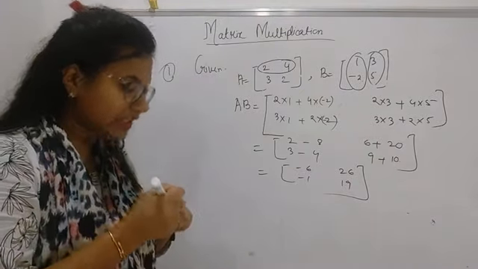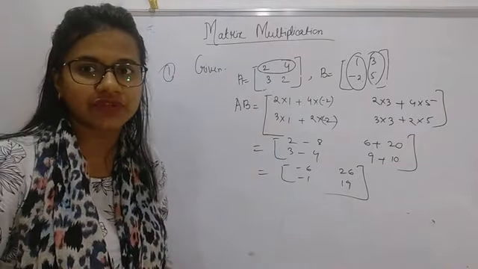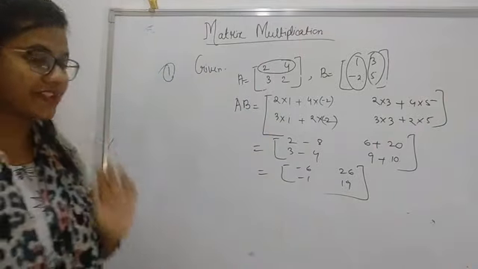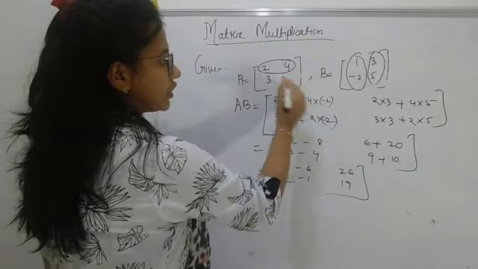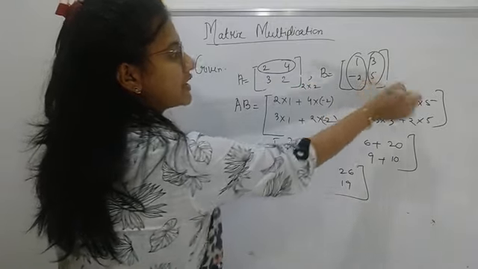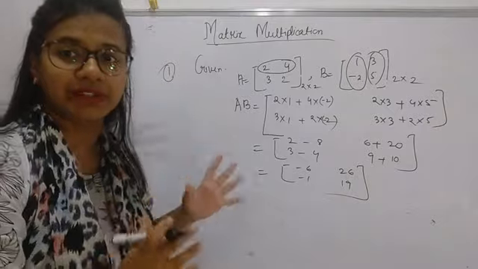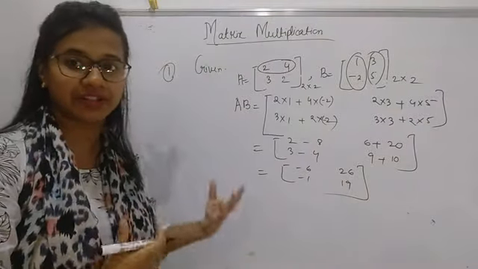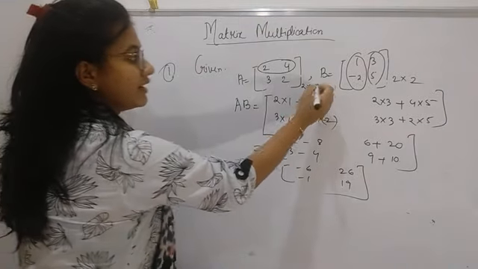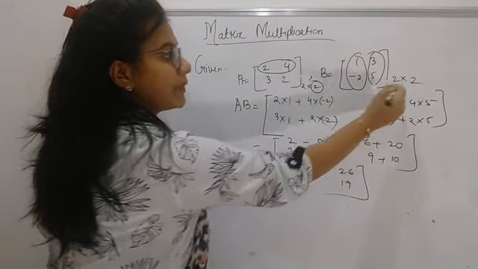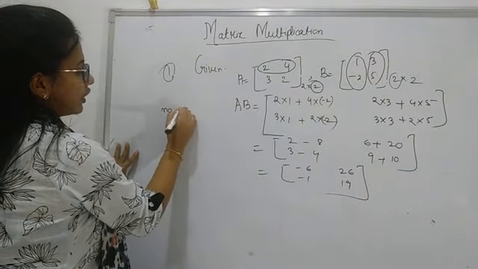This is a little bit complicated actually, not so easy, but if you learn the process it will be very easy for you all. So for matrix multiplication we have to notice one thing: how many rows are there and how many columns. This is of order 2 by 2, and what is the order of this matrix? This is also of order 2 by 2. So before doing matrix multiplication, first of all you check whether the matrix multiplication is possible or not. The number of columns in the first matrix should be equal to the number of rows in the second matrix.